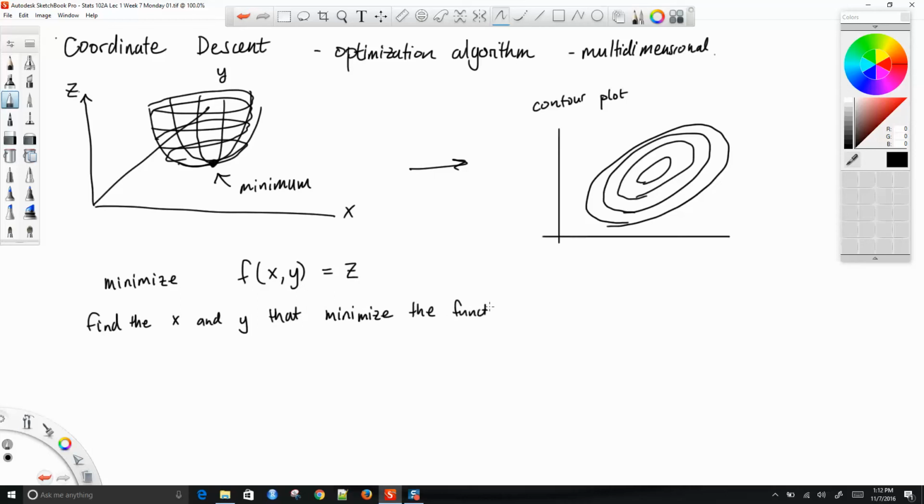The way this is going to work, the algorithm is basically this: have an initial x and initial y.